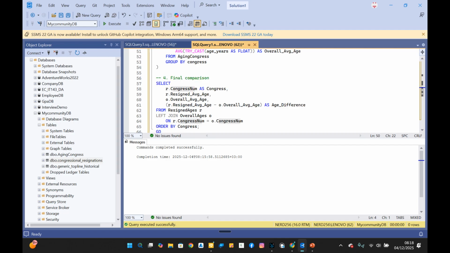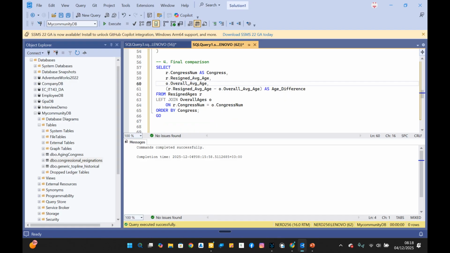Now, the final comparison is that we select this variable we have been creating, that was Congress num, then we now save it as Congress. These are aliases. So basically here we're getting the difference.